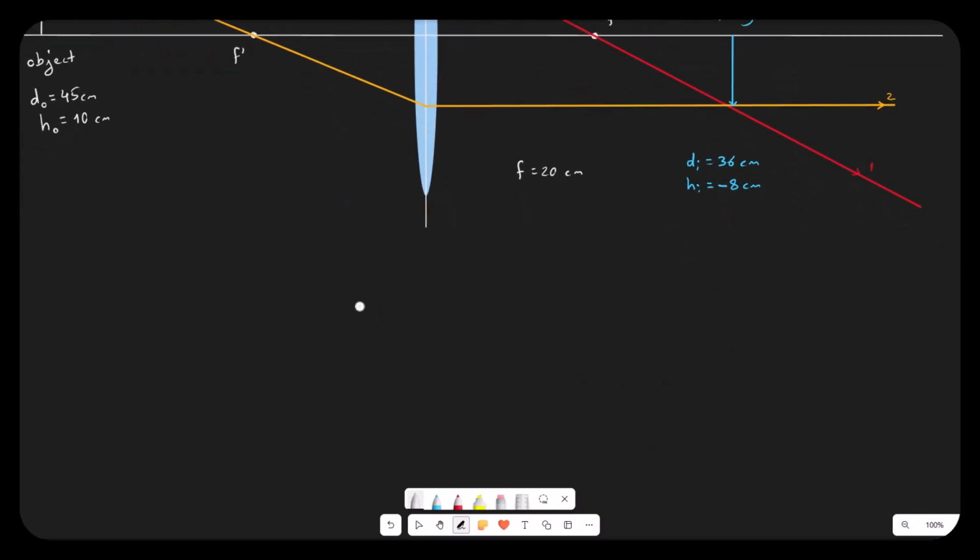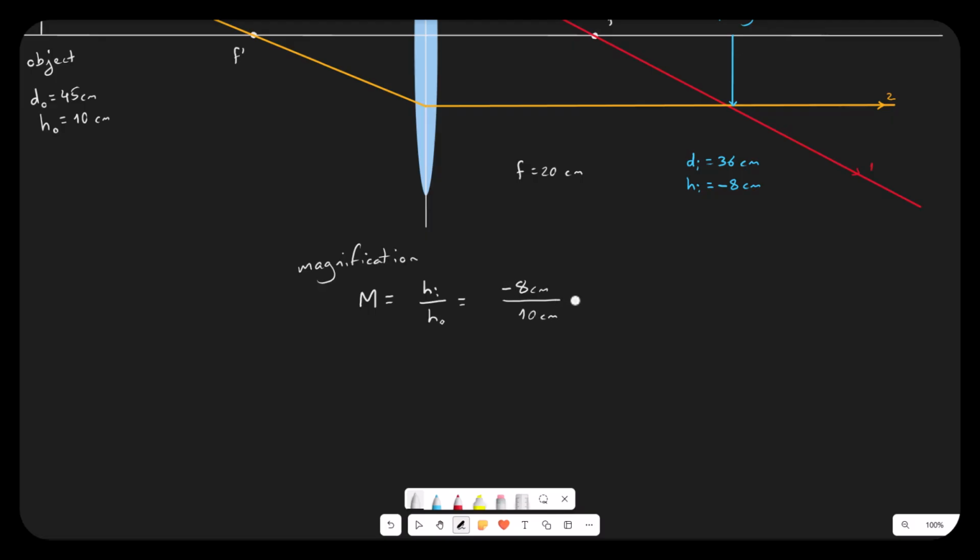I have a separate quantity called magnification. And magnification is what it sounds like. I'm going to define it as the image height divided by the object height. In this case, that is 8 centimeters over 10 centimeters.